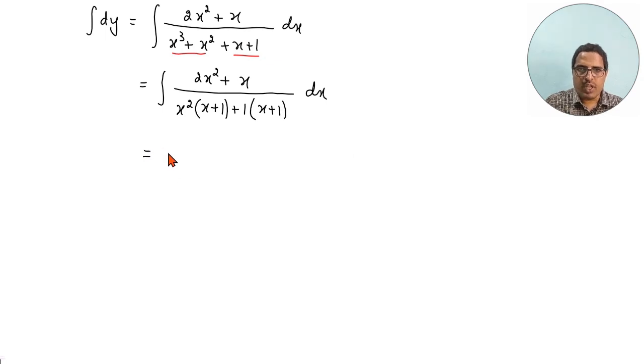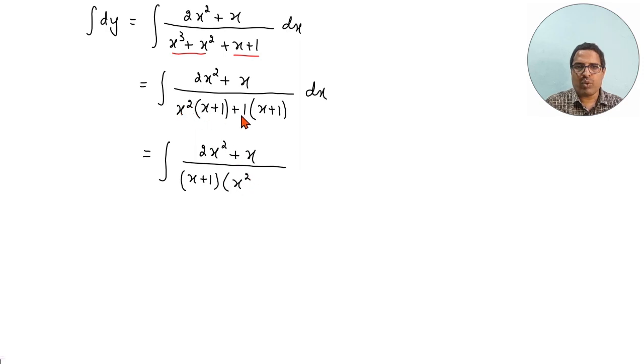This can be further written as integral of 2x square plus x divided by, what is common over here? x plus 1 is common, right? So what will be left out here? x square plus 1 is left out, times dx. So on the left hand side, the integral of dy is y, and you need to add the constant of integration c.